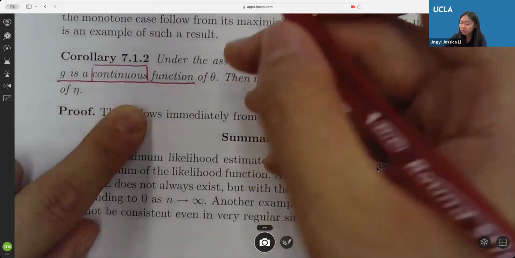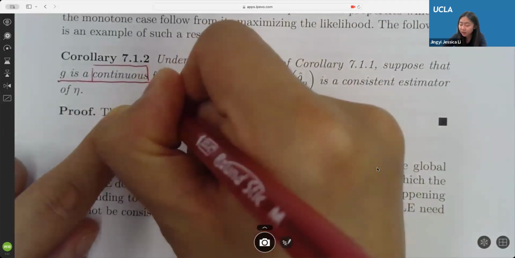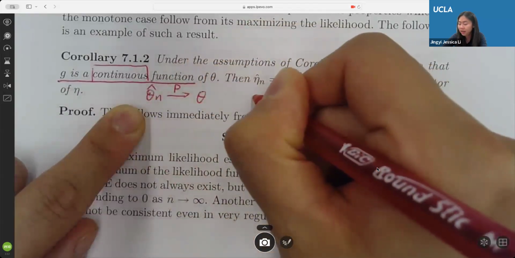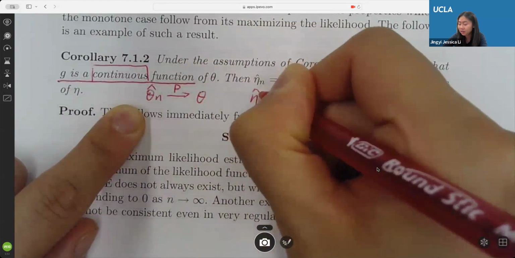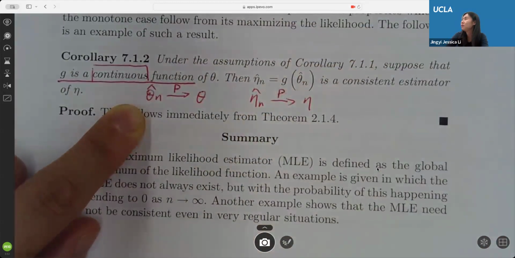In other words, if theta n hat converges in probability to theta, then eta n hat converges in probability to eta. Nothing else. It's more like the continuous mapping theorem, right?